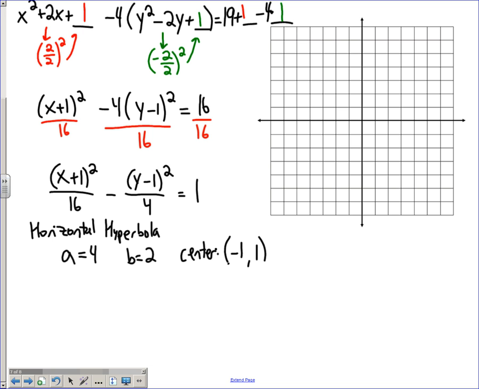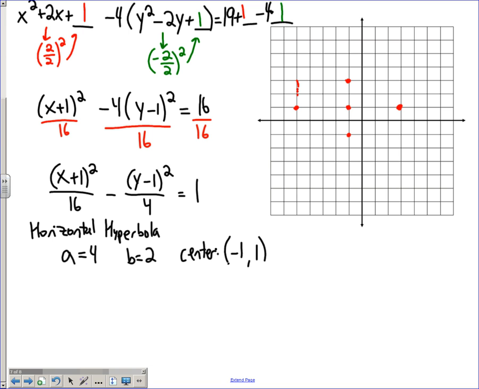And let's start to graph this. So starting at negative 1, 1. Okay. Our a value is 4, so we're going to go 4 to the right, 4 to the left. Our b value is 2, we're going to go up 2 and down 2 from the center.